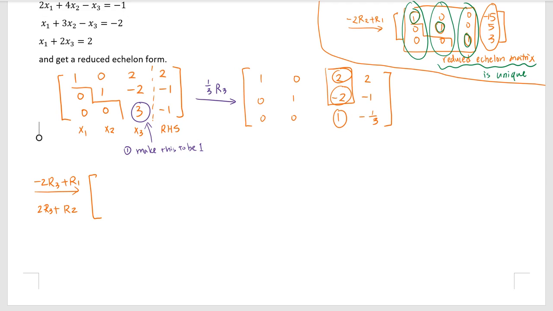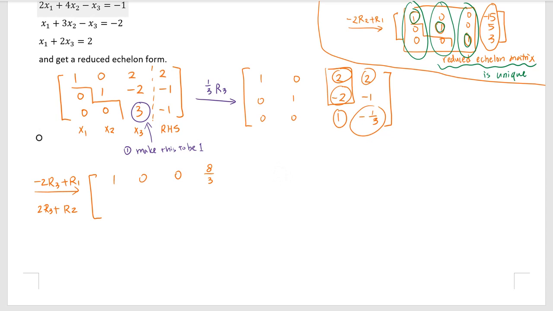Because these two are 0, we have the same. So 1, 0, and then 2 minus 2 is 0, and then 2 minus 2 times negative 1/3 is the same as 2 plus 2/3, which is 8/3.